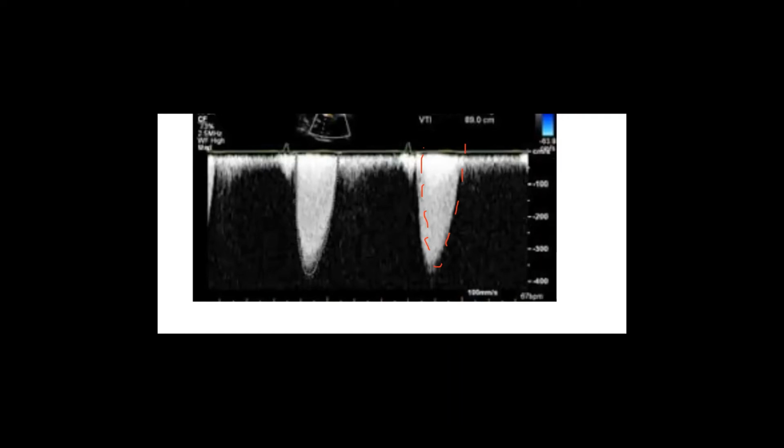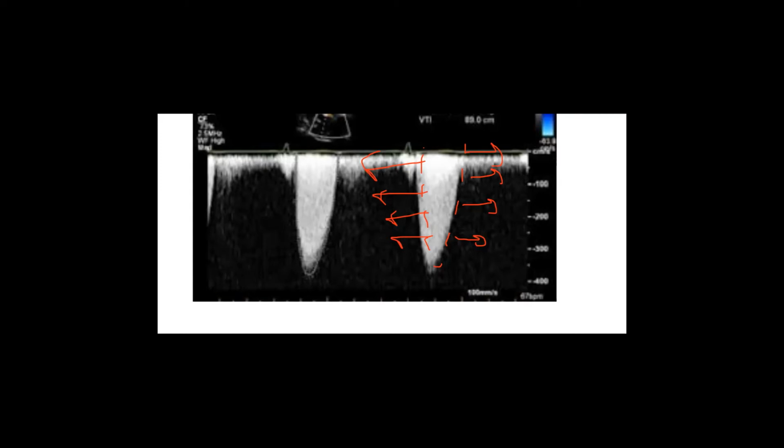Each velocity is converted into a pressure gradient, each one, and then the pressures are summed up and divided by the number of velocities. So if they sample 10 velocities, they convert them into pressure, sum up these pressures and divide by 10, they get the mean.